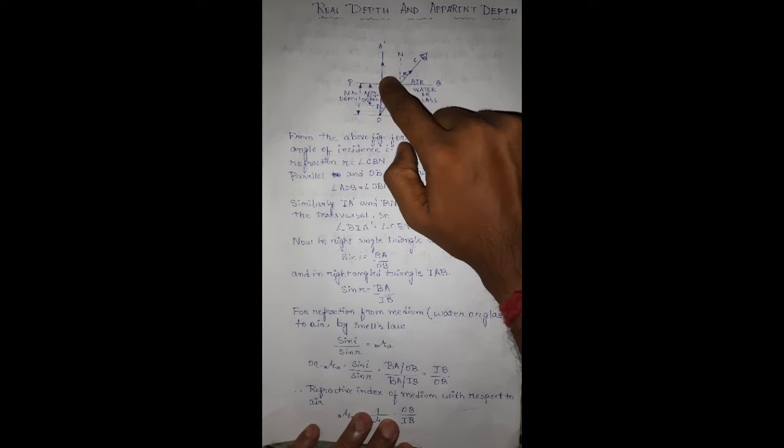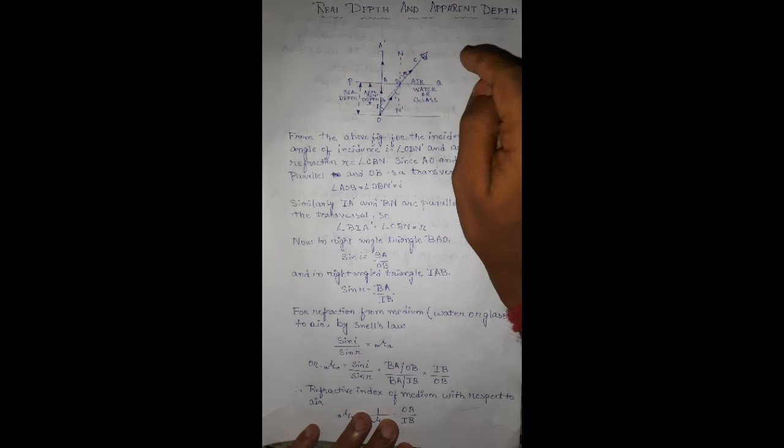Clear? So, as per trigonometry, since this angle is i, sine i will be height by hypotenuse, meaning AB by OB, correct? See, I have written here AB by OB.